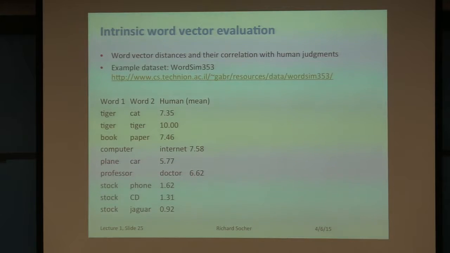Seems a little ridiculous, and it's clearly very fuzzy, and you clearly don't want to do that with just a single person, but you can basically do that for a lot of different words. So computer and internet, on a scale from 1 to 10, how similar do you think they are? Or maybe going all the way down from like stock to Jaguar. How similar are those? And those on a scale from 1 to 10, they're maybe close to 0 or just 1.